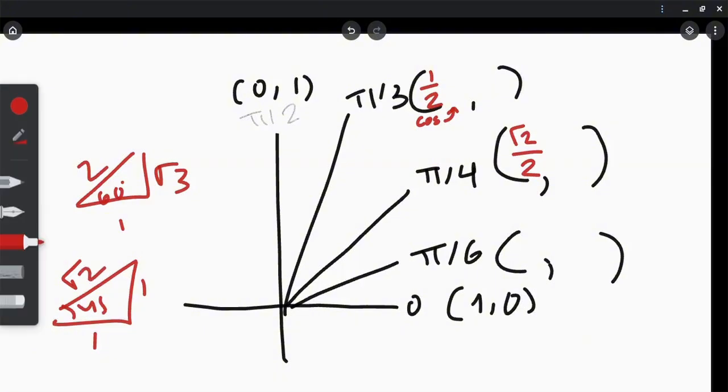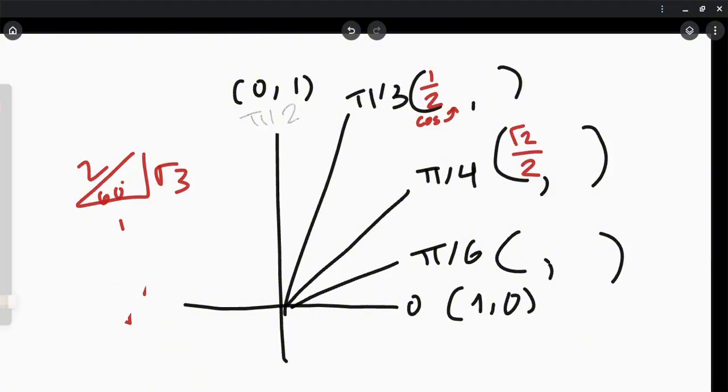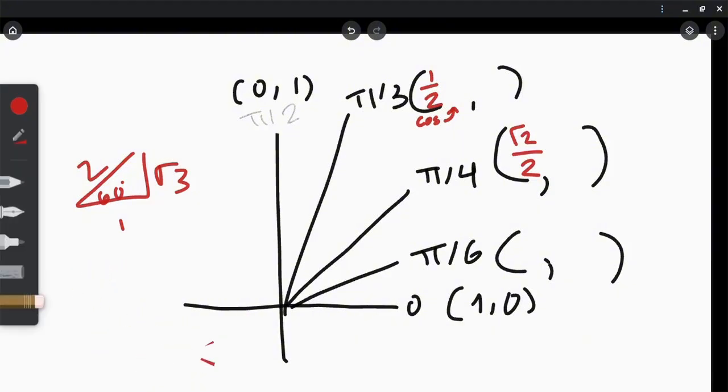So what's cosine at pi over 4? Well, 1 over the square root of 2, right? No. You don't want radicals in the denominator. You just multiply by square root of 2 to cancel out the radical, and it becomes square root of 2 over 2. That's the same for sine, because sine and cosine are the same in the first quadrant. I mean the same in the signs. Just remember, both are positive. And tangent is also positive in the first quadrant.